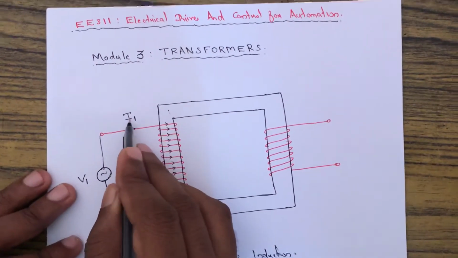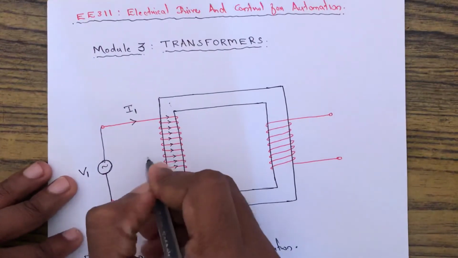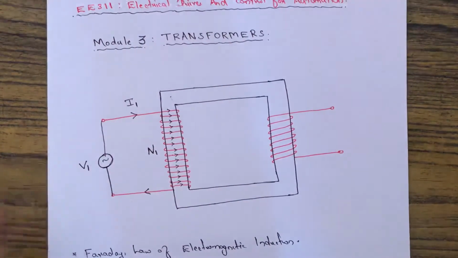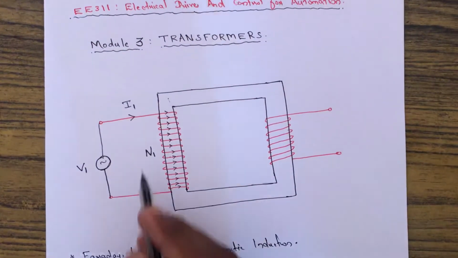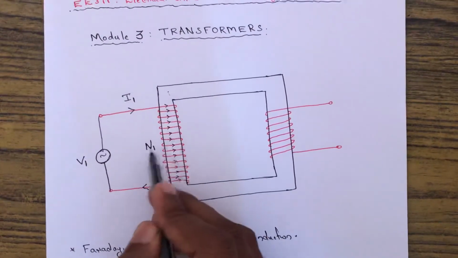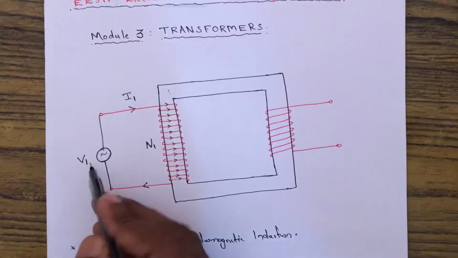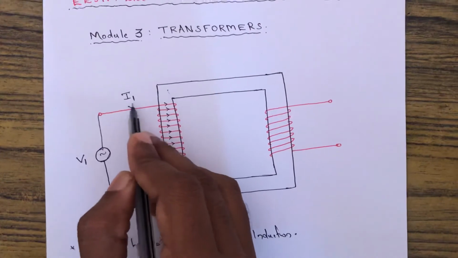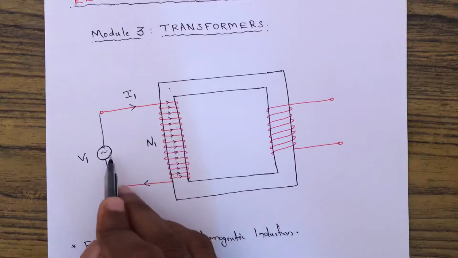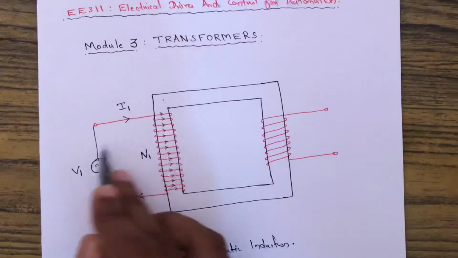So primary current I1, primary voltage V1, and let us consider there are N1 turns in this winding. N1 is the number of turns on the primary side, V1 is the applied voltage, and I1 is the primary current. The winding connected to the supply mains is called the primary winding.